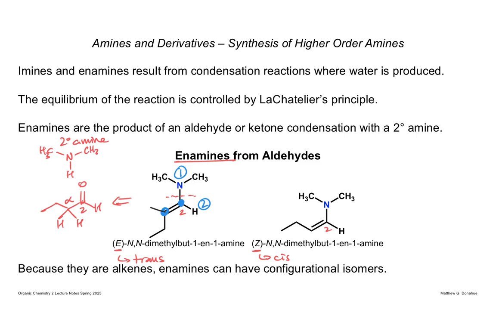If I draw this hydrogen in, now we do the same thing for the other. We have carbon versus hydrogen. So 1 versus 2. And then you say, are the ones on the same side or opposite? So in this case, they're on opposite, so that's the trans. So you can call these geometrical isomers or configurational isomers, either way, but that's how you assign E, Z, or cis and trans.